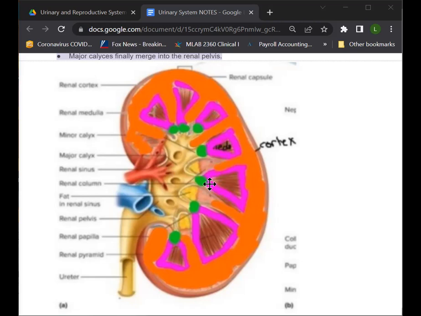Okay, and then all around the renal medulla, the renal pyramids, is the renal cortex. And the renal cortex is important because that is where the nephrons are located. It's in the renal cortex.